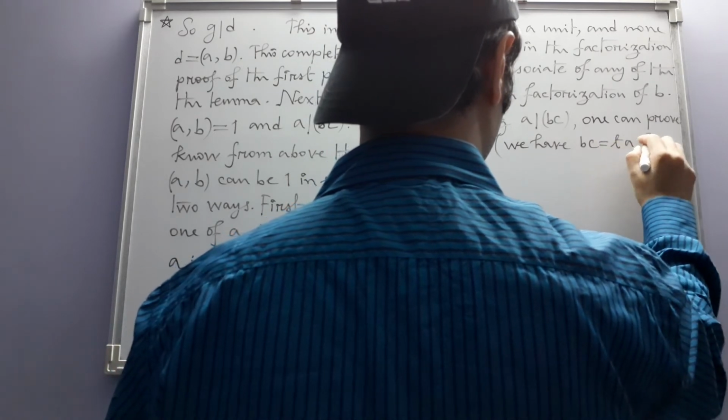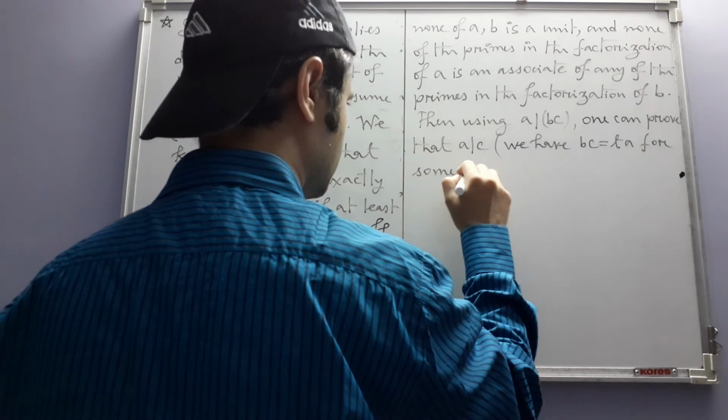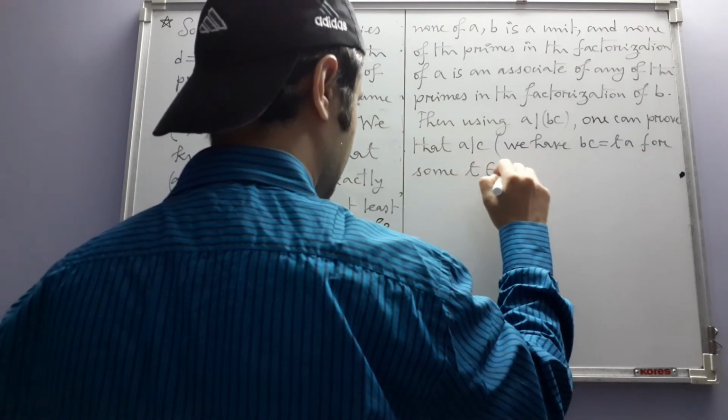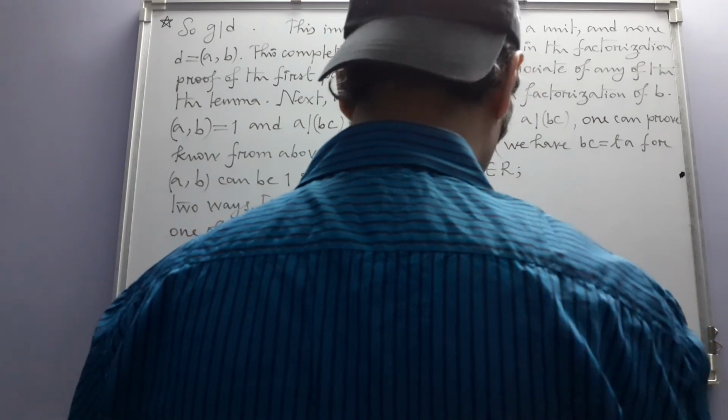BC equals TA for some T belonging to R, and now use uniqueness of factorization.